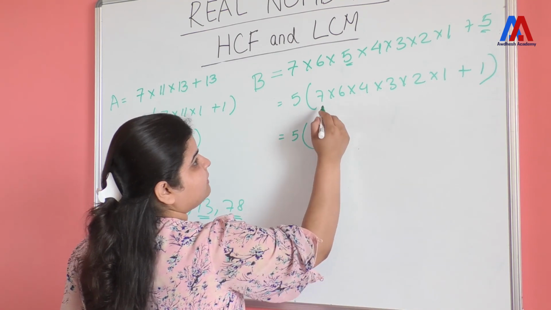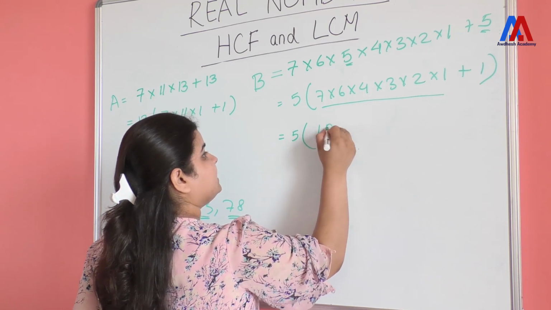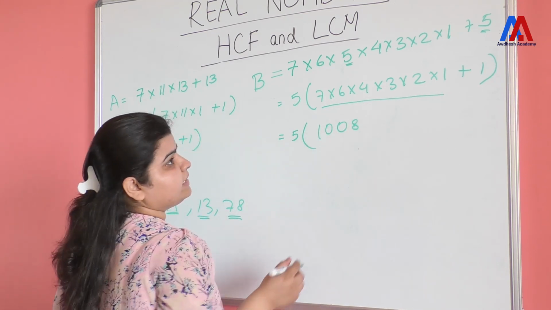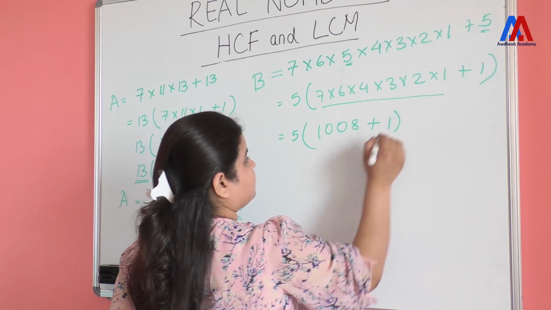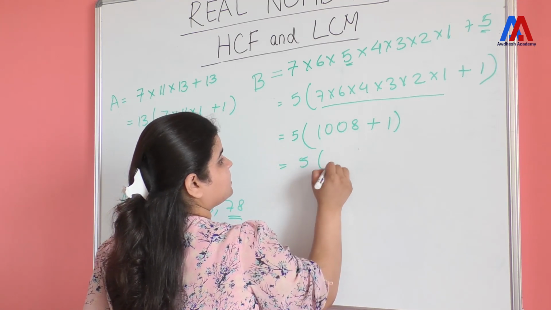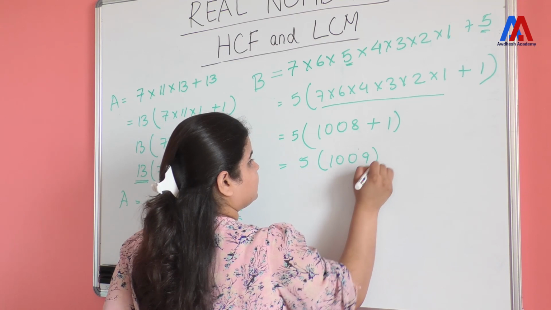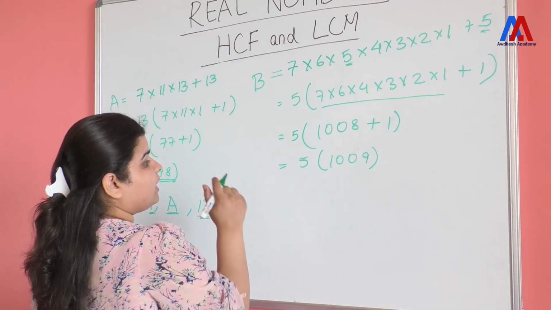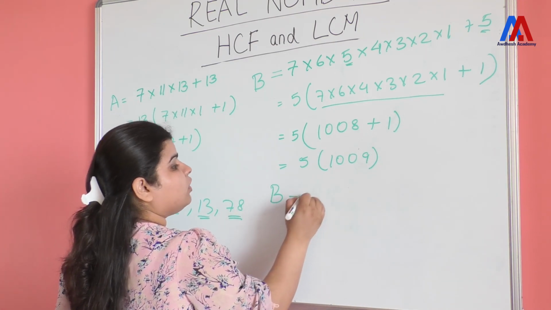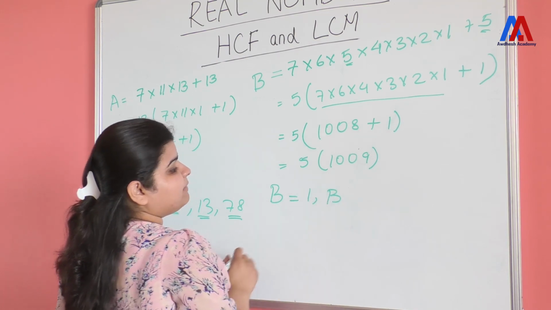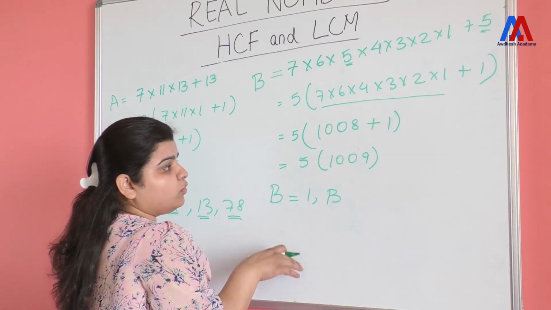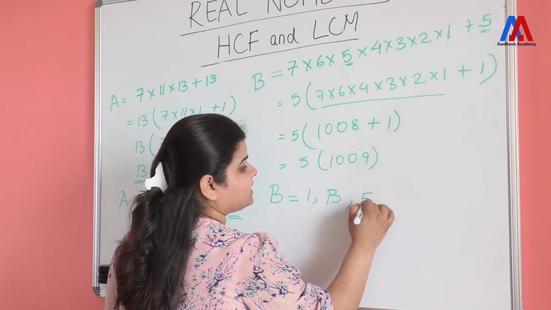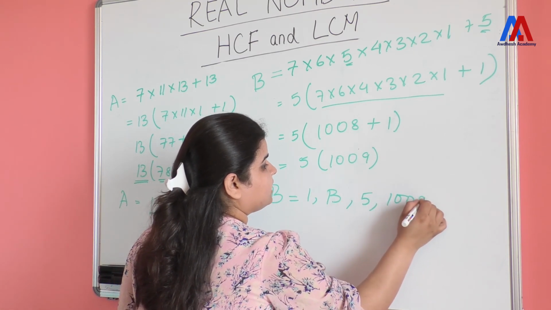Now the multiplication of this will yield 1008 and we'll have plus 1. This would give us 1009 into 5. Now again b will already have 1 and b as its factors, and now we find that it also has 5 and 1009.